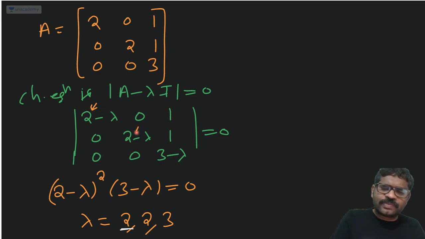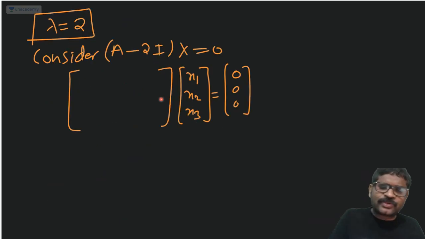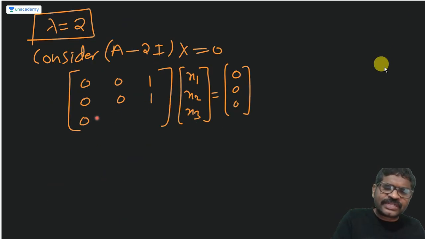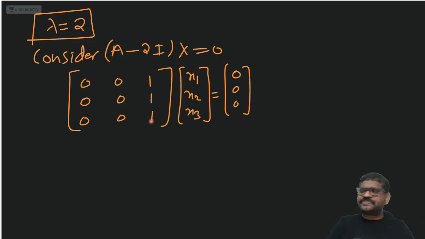Here if you put 2, 0, 0, 1, 0, 0, 1. Okay? If you put 2 here, 0, 0, 1. Now 0, 0, 1, 0, 0, 1, 0, 0, 1. Is it in echelon form?